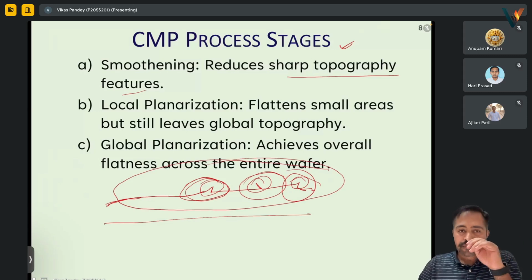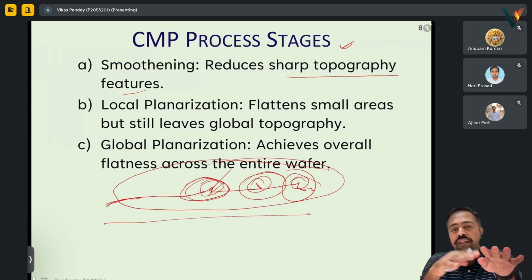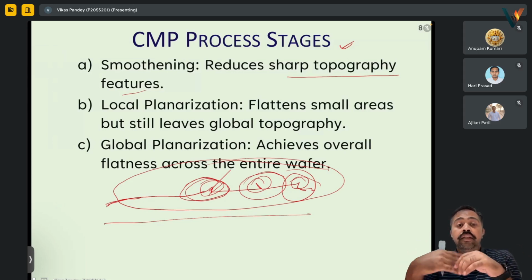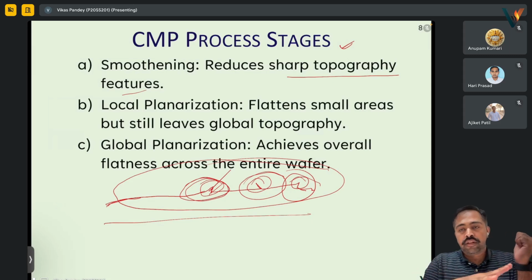That will achieve overall flatness. So first, very small sharp features are removed. Then small variations are flattened out. Then third, globally the whole wafer will be flattened or planarized.